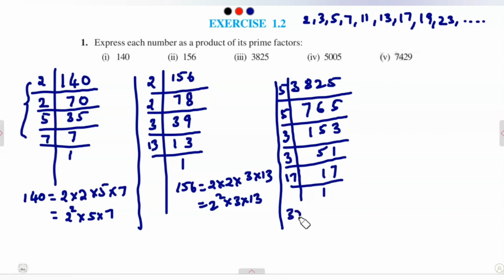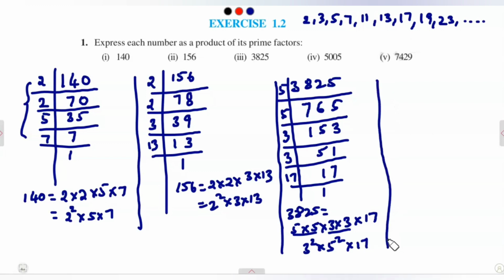So 3825 can be written as 5 times 5 times 3 times 3 times 17. You can also write it in ascending order and powers of primes. 3 is repeated 2 times, 3 square; 5 is repeated 2 times, 5 square. I'm writing in increasing order, into 17. That's it.